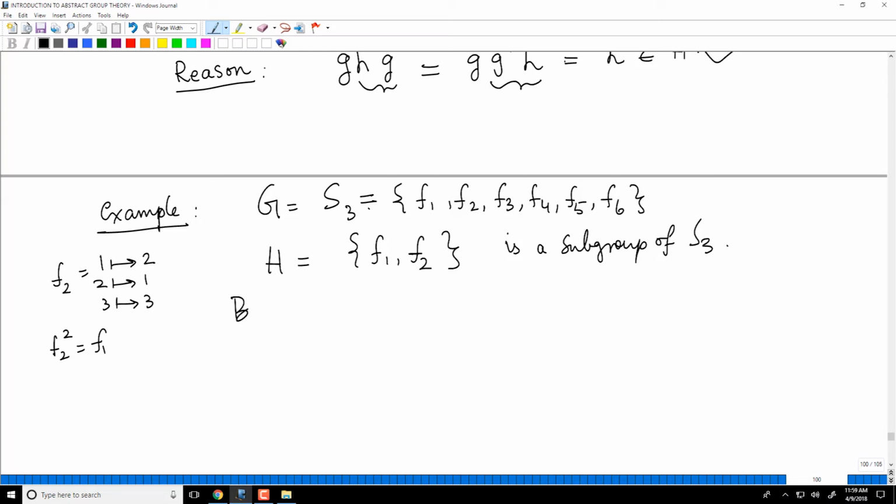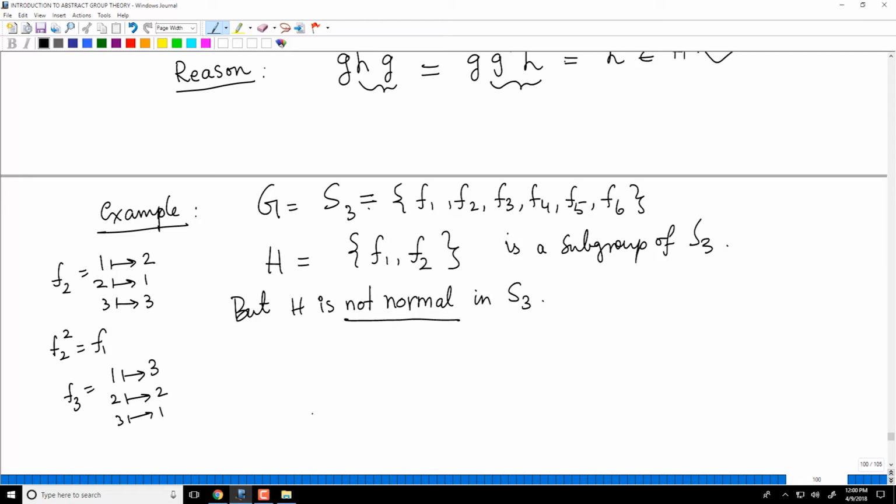But what do you think? Is H normal? H is not normal in S3. So H is a subgroup consisting of F1 and F2. I want to show H is not normal in S3. So let's take F3. F3, if you recall, is the element which sends 1 to 3, 2 to 2 and 3 to 1.